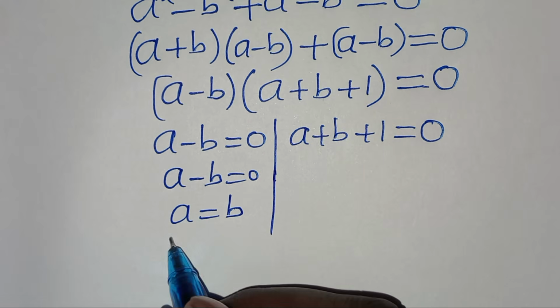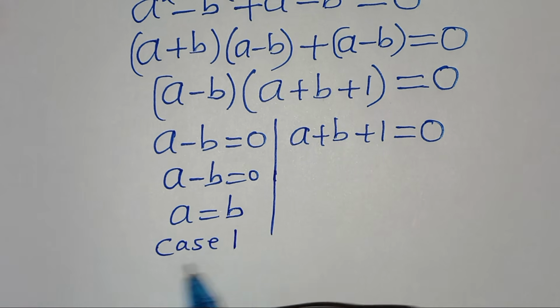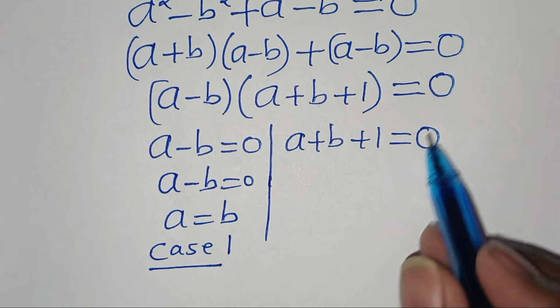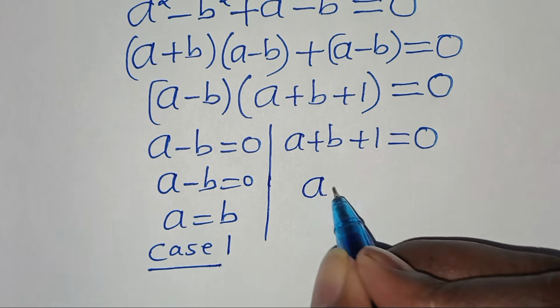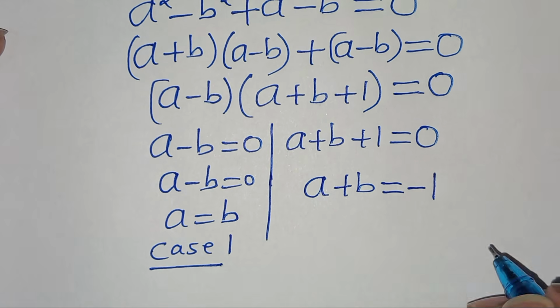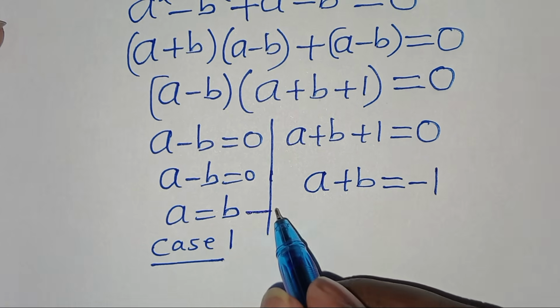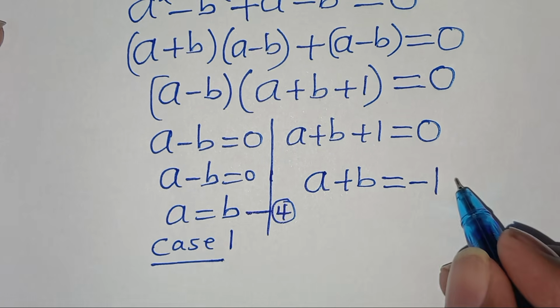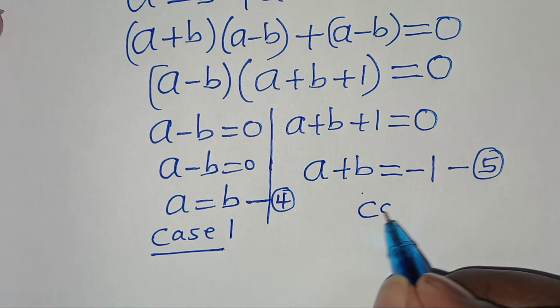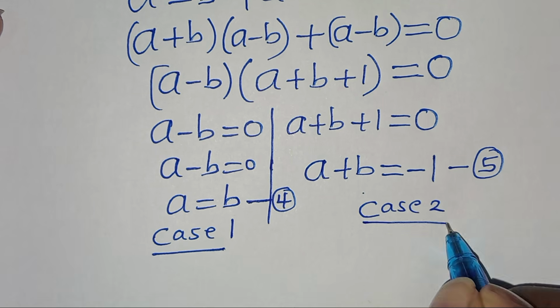Let's call this case 1. Now, in case 2 here, we have a plus b plus 1 equal to 0. So this means that a plus b is equal to minus 1. Now, let's call this equation 4 and this as equation 5. And also this one is case 2.